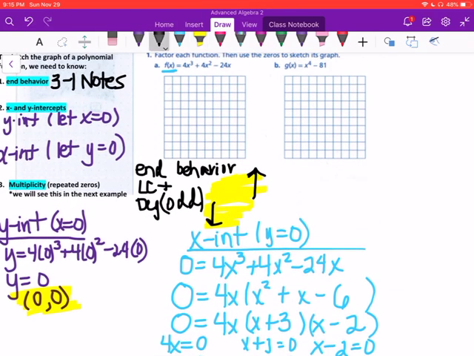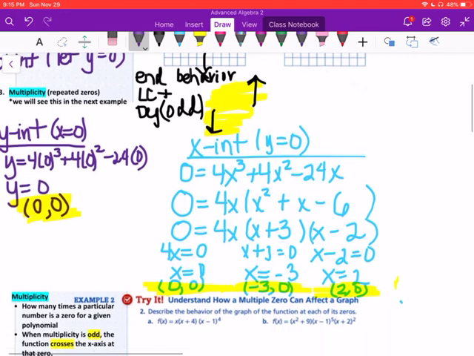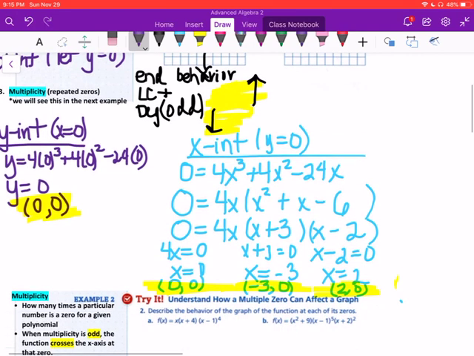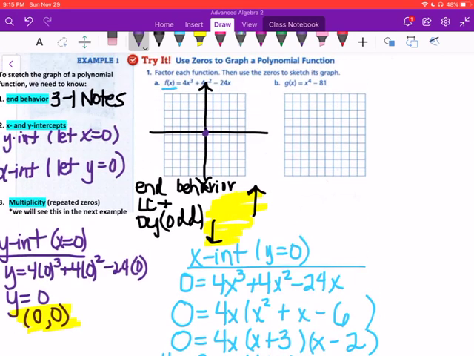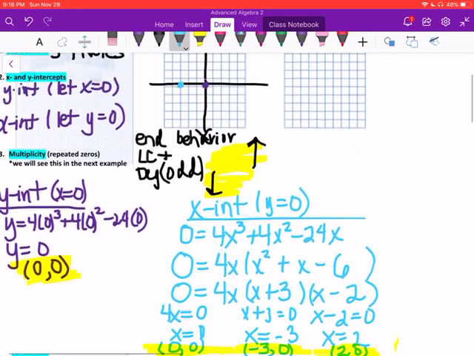So I will sketch in the x-axis and the y-axis. Now I'm going to plot all my intercepts. I know there is a y-intercept at 0, 0, which is also an x-intercept, an x-intercept at negative 3, 0, and then an x-intercept at positive 2, 0.